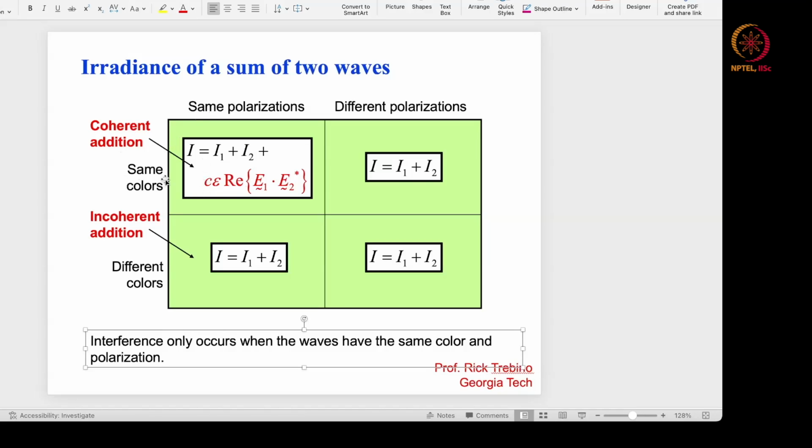You get an addition, and then you also have the other term. It's not just an algebraic sum, but the other terms also come into the picture.